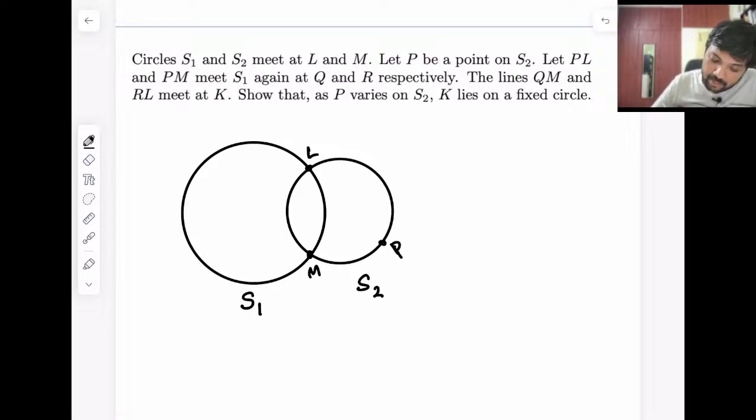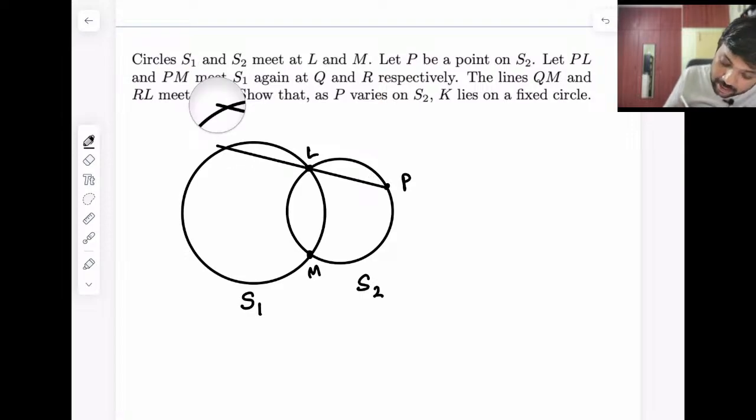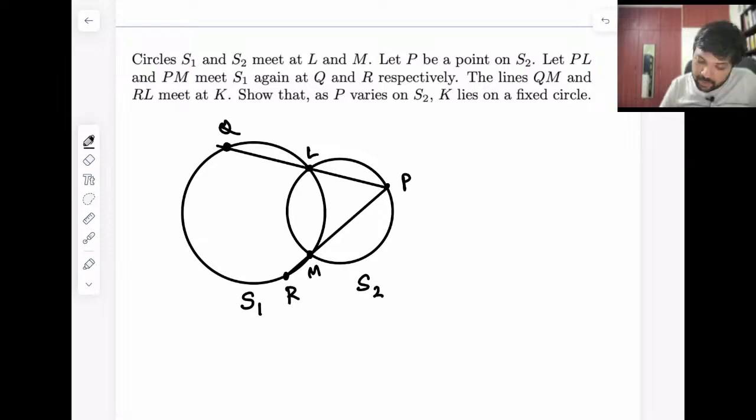PL and PM meet S1 again. This is not a good point to draw P, I guess. Maybe I'll draw P here. So I want to join PL and extend it to meet S1 again at Q, and R respectively.